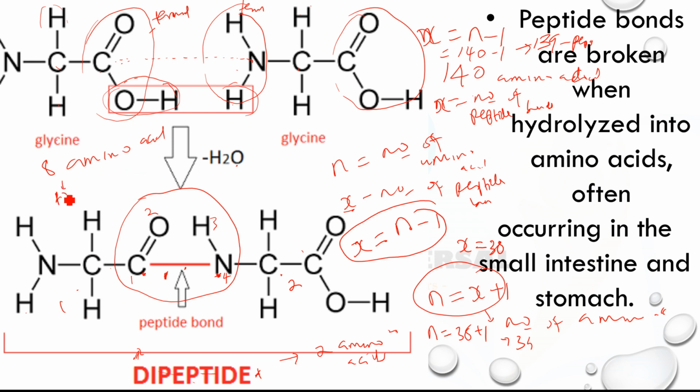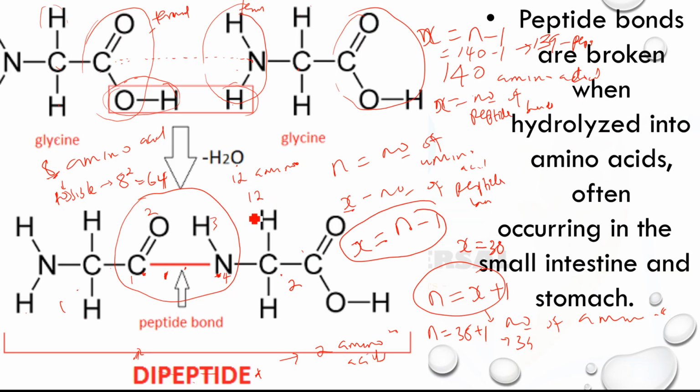Now, remember that each one will form with two different amino acids. We have 8 amino acids. That will be 8 raised to the power 2, which is 64. Don't forget these calculations. So if I have, for example, 12 amino acids, what are the possible dipeptides that can be formed?